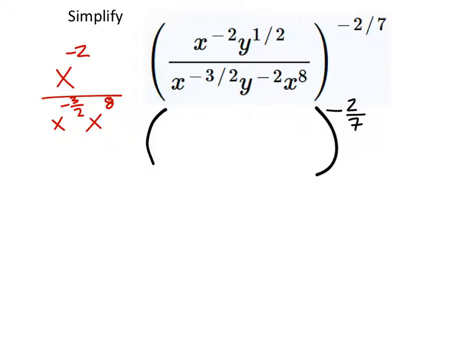So if we were to write this all as one base x value, I've really got negative 2 minus 3/2. Let me rewrite that. Minus 3/2 plus the 8. Oh, it's minus, and that's a negative 3/2 right there. I apologize. So in that set of parentheses, I got to do negative 3/2 plus 8.